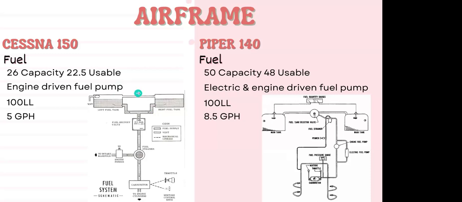Now, sometimes you'll get a little more feed from one tank than the other. I don't know if any of you have experienced that personally, like on a cross country where, say, the left tank is looking at about a quarter and maybe the right tank is looking at three-quarters. That happens sometimes just due to the way that we're flying. If we're flying slightly wing low on one side, it may favor draining from one side over the other.